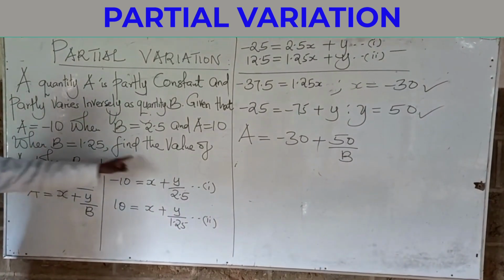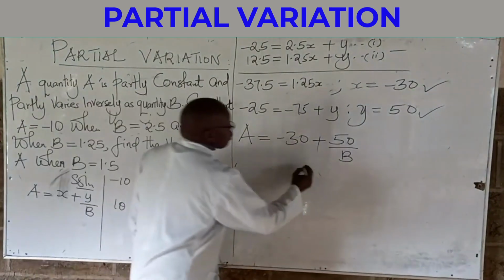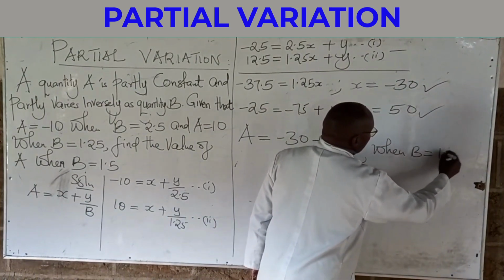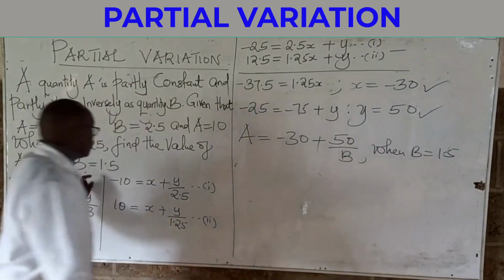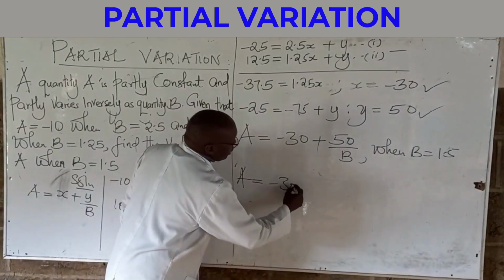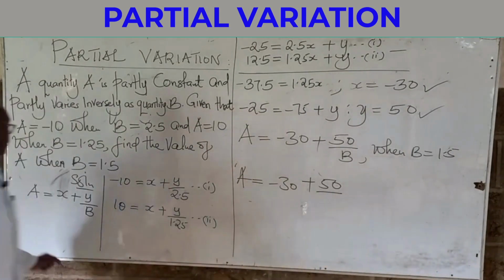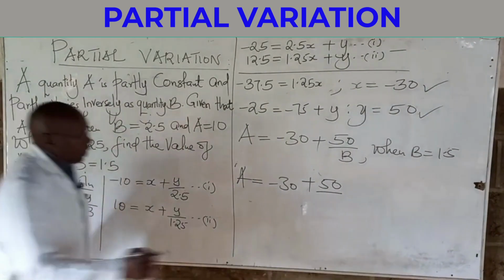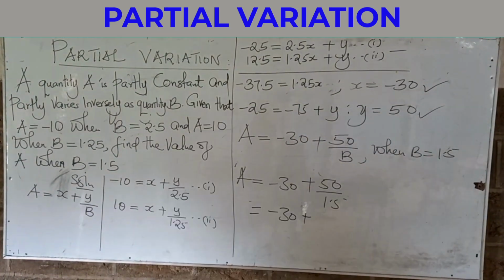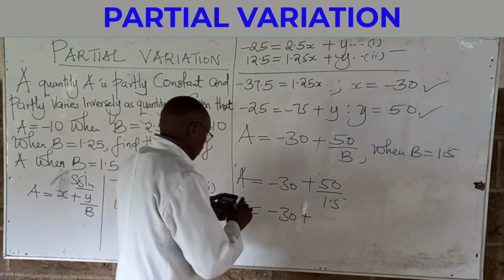So now we go to the solution. Find the value of A when B is equal to 1.5. That is the question. We simply need to substitute. So A is equal to negative 30 plus 50 divided by 1.5.